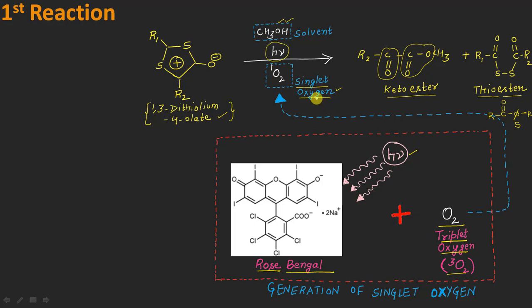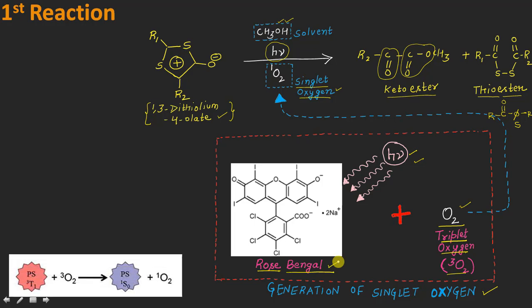Into a singlet type of oxygen molecule. So generally, what I have tried to show here is the generation of a singlet oxygen molecule from a triplet oxygen with the help of irradiation as well as rose Bengal as the stain or dye, right?